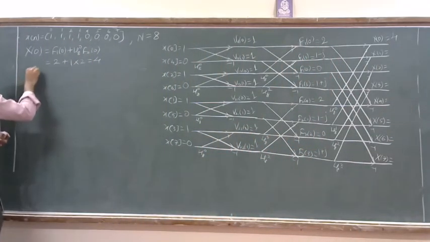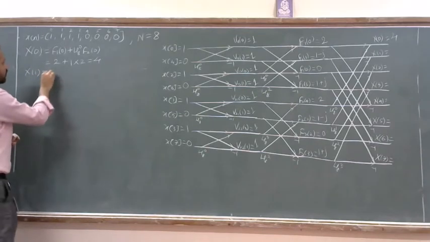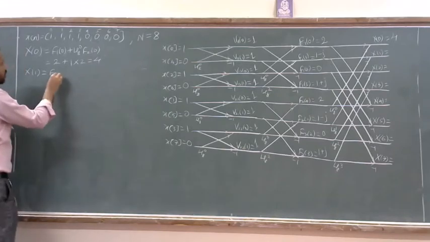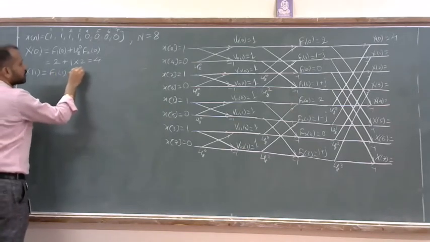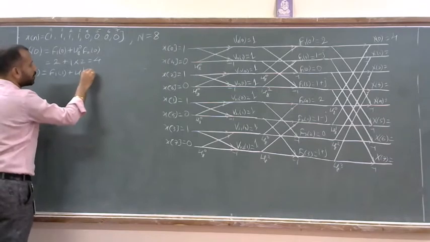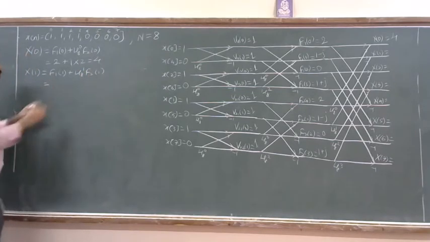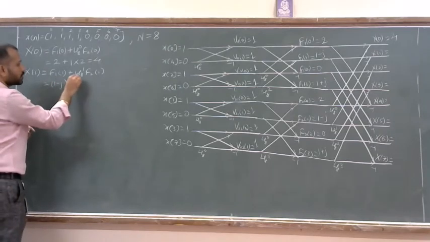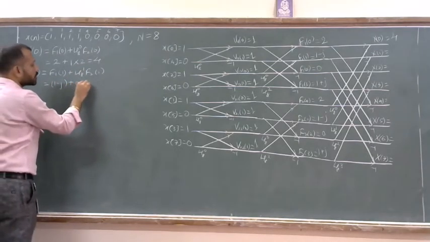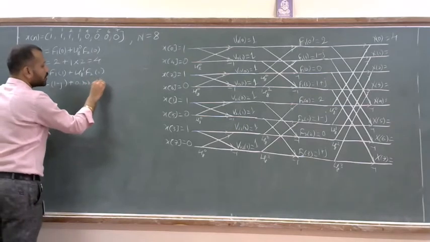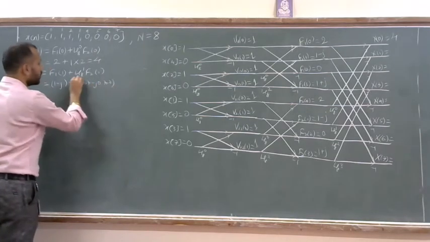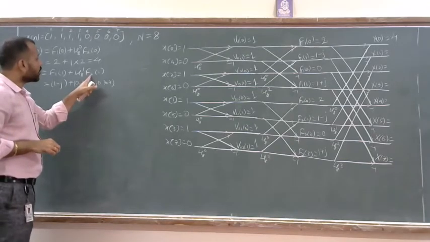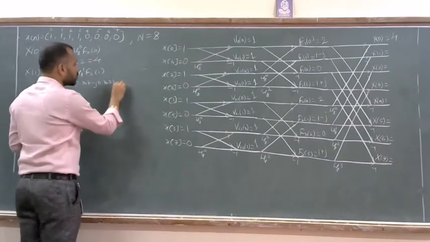Next, x of 1. To calculate x of 1, it is the top point in the second butterfly structure. So it will be f1 of 1 plus w81 multiplied by f2 of 1. f1 of 1 is 1 minus j plus w81 is 0.707 minus j 0.707. This complex number will be multiplied by f2 of 1. f2 of 1 is also 1 minus j.